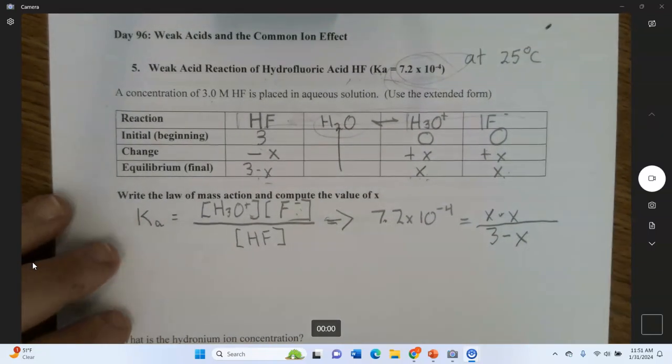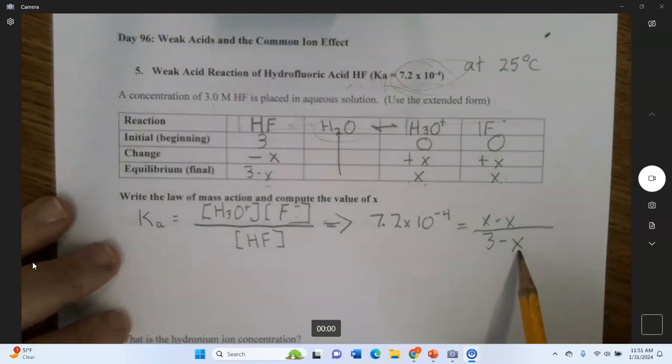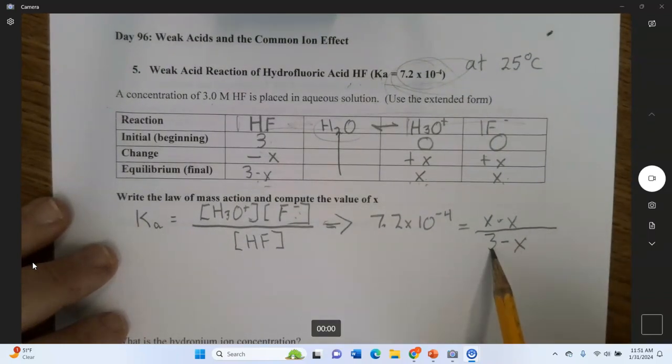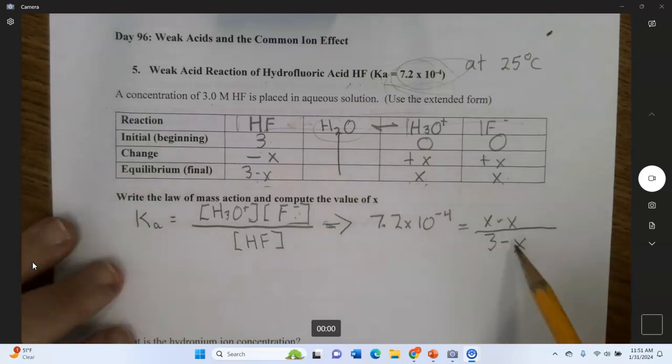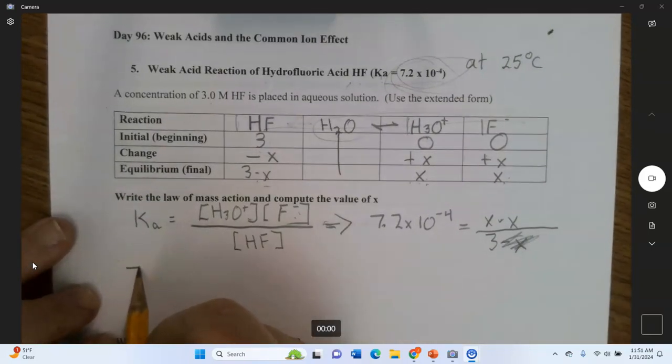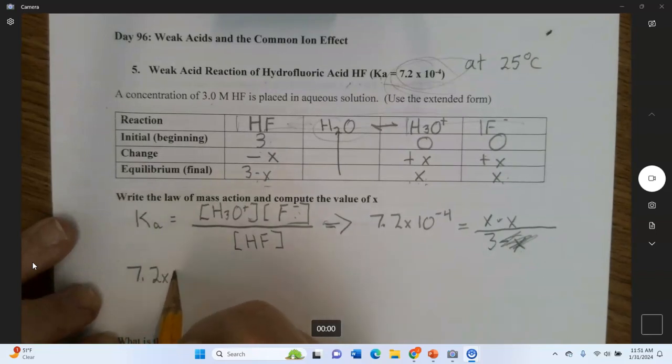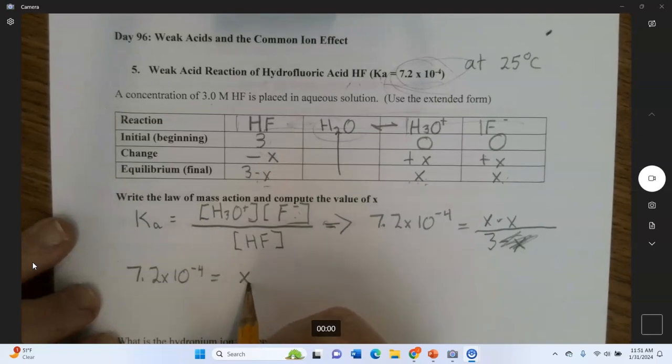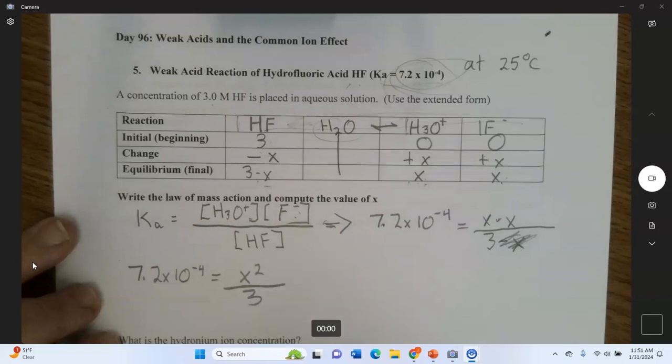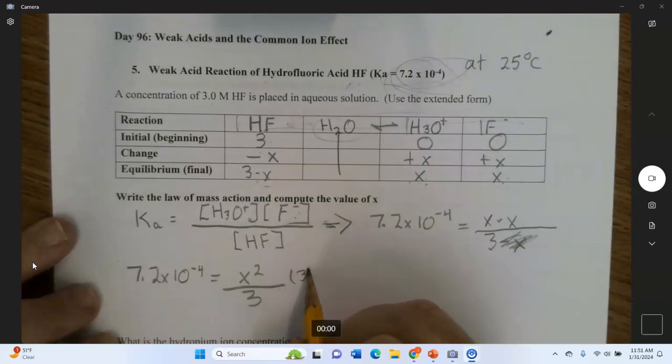Okay, and the simplifying assumption says that if x is very small compared to our initial concentration, and we're going to assume it always is, that you can get rid of it, okay? So I'm going to come down here and just do the math. Okay, there we go. We're going to multiply both sides by 3.